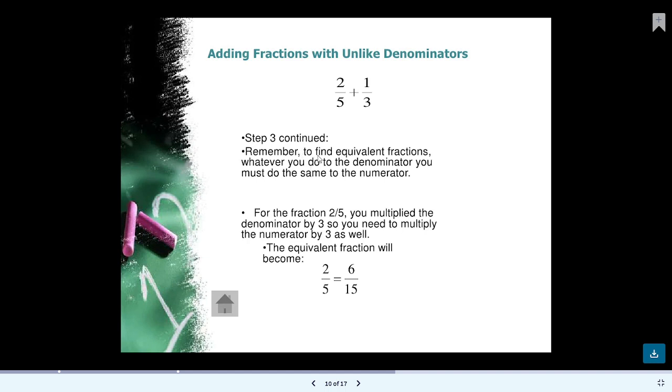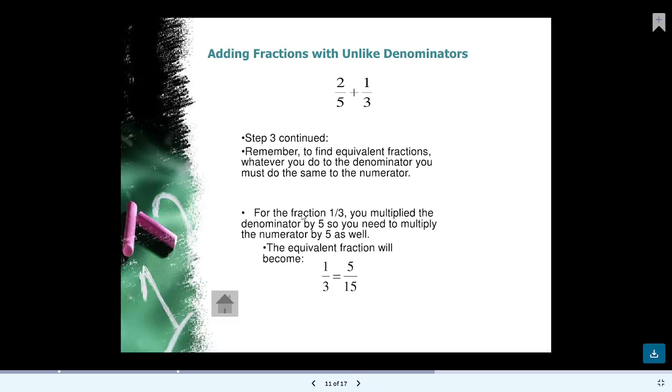So, remember, when we find the equivalent fractions, whatever you do to the denominator, you must do the same to the numerator. For the fraction 2/5, you will multiply the denominator by 3, so you need to multiply the numerator by 3 as well. The equivalent fraction will be 2/5 is the same as 6/15. Why? Because 5 times 3 is 15, and 2 times 3 is 6.